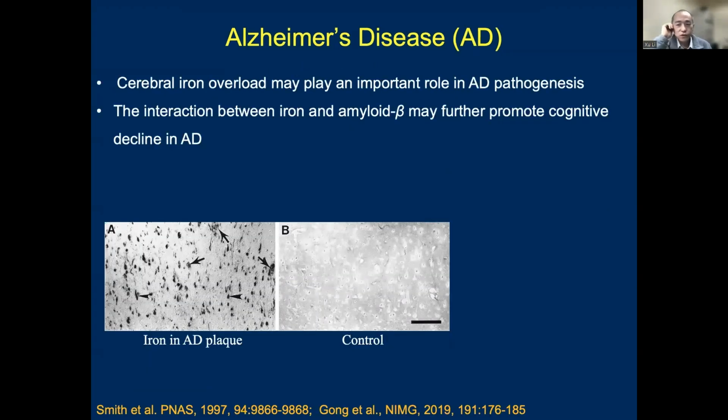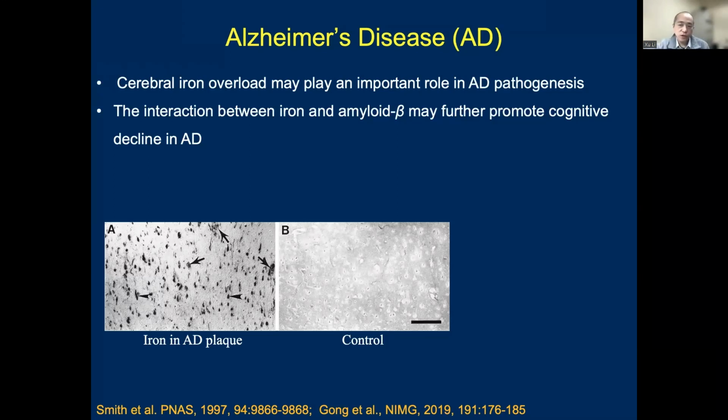But on the other hand, it's also believed that cerebral iron overload may play a role in AD pathogenesis, as iron has been found co-localized with the A beta plaques in autopsy. There are hypotheses that the interactions between iron and beta amyloid may further promote the cognitive decline in AD patients.